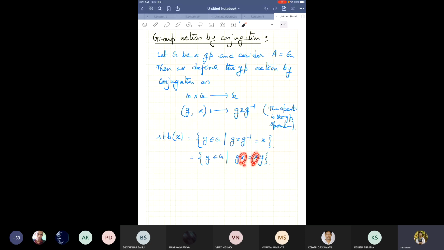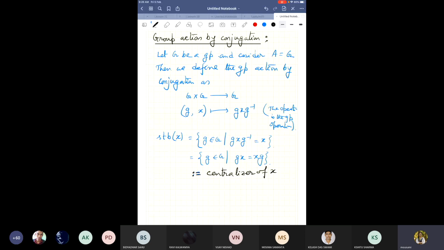x is fixed. So this has a special name. When I consider this group operation by conjugation, then this stabilizer is called the centralizer of x, and it is denoted by C(x).